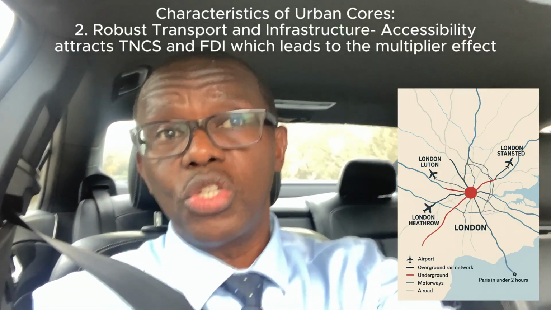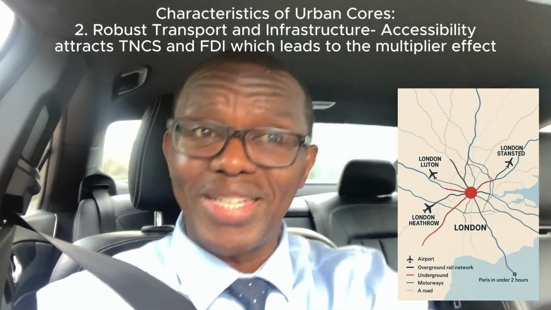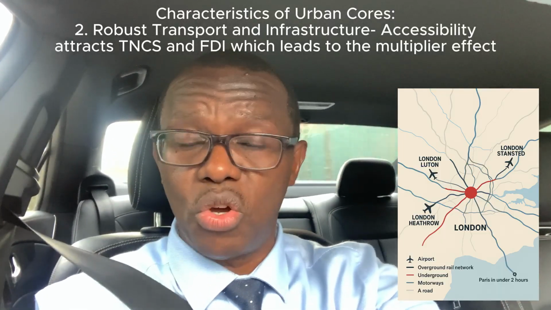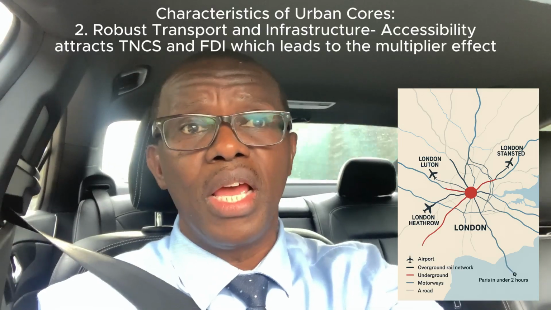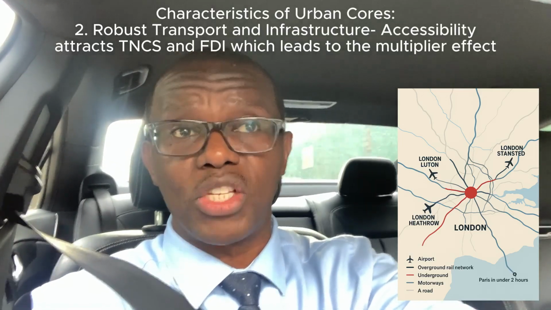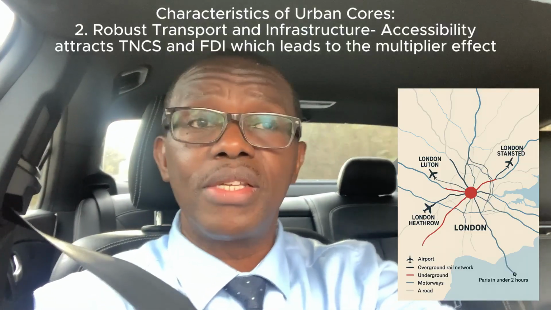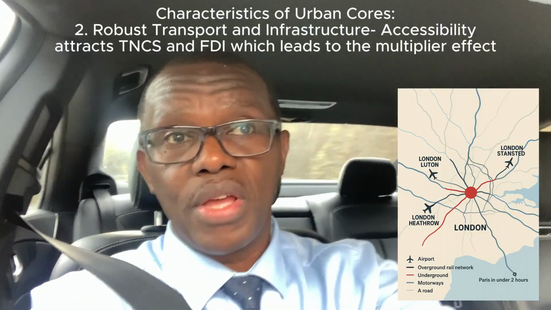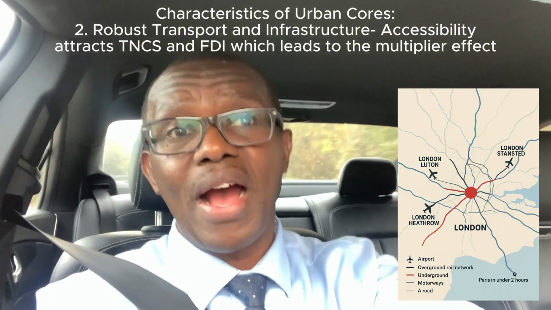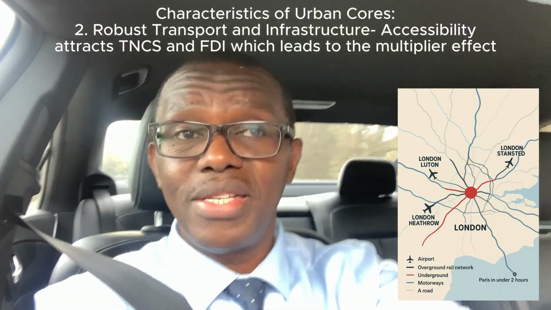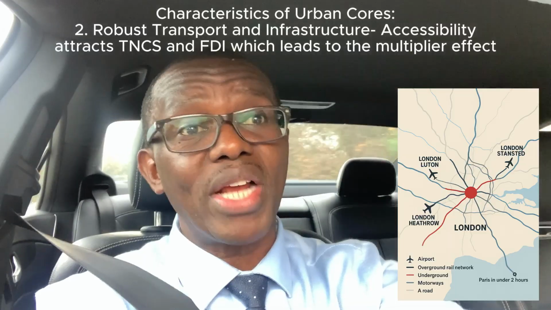And then we also know that we have a lot of motorways that are leading into London. We have A roads and so on. So those large cities tend to have very good infrastructure, which then catalyzes economic growth.